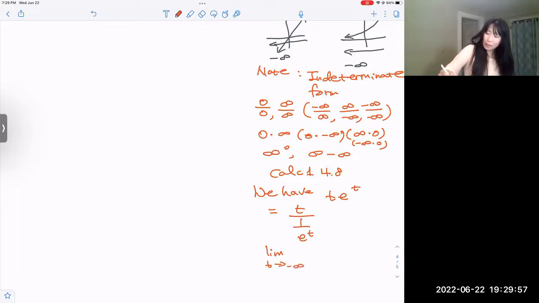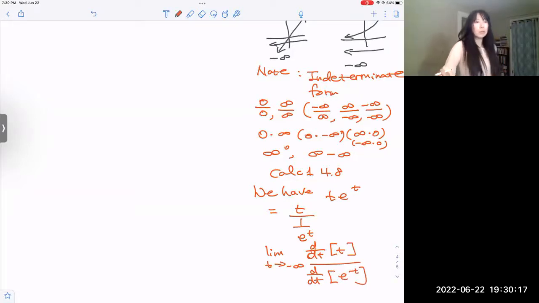Negative infinity, right? So we have the derivative of t with respect to t, and the derivative of e to the negative t. How about that, right? Much better, okay?